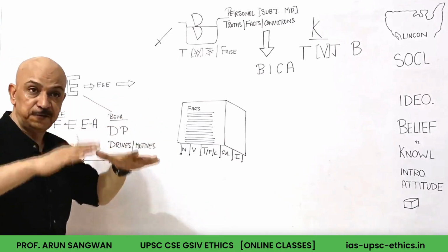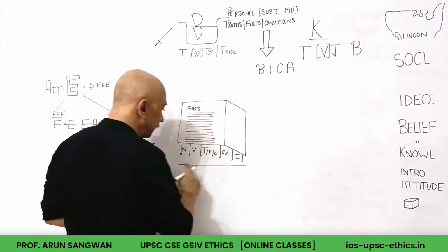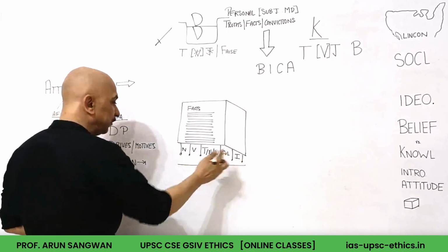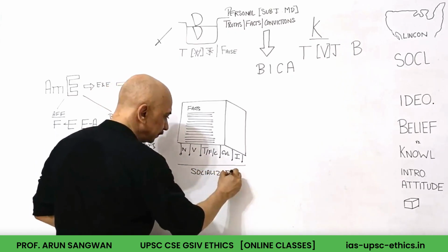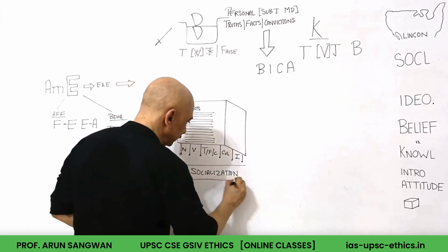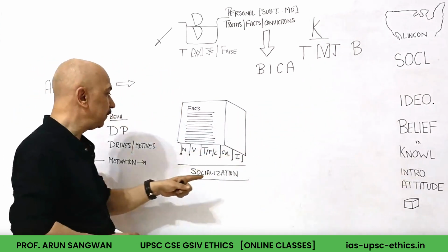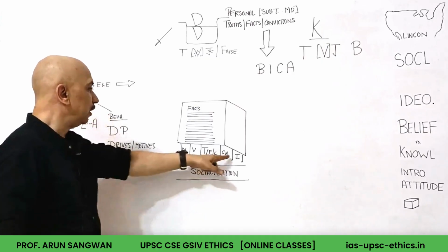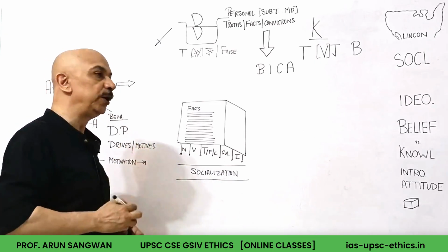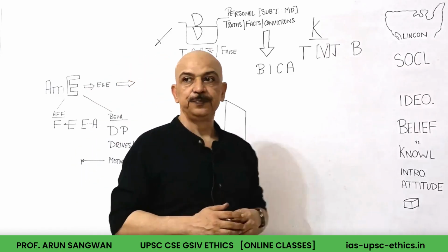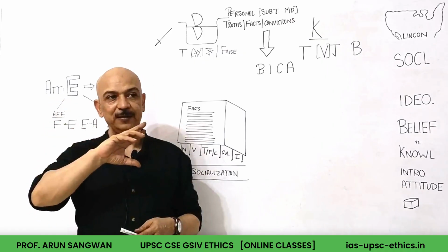So I'm just going to now define beliefs. They are fixed. What fixes them? We've just learned norms, values, your truths, culture, everything comes from socialization. That is why we covered socialization. So your norms, values, truths, all of this comes because of your socialization. As I told you, the first primary unit of socialization is primary socialization, family.